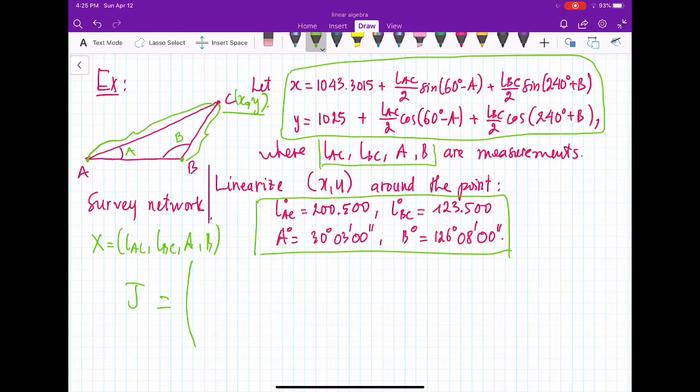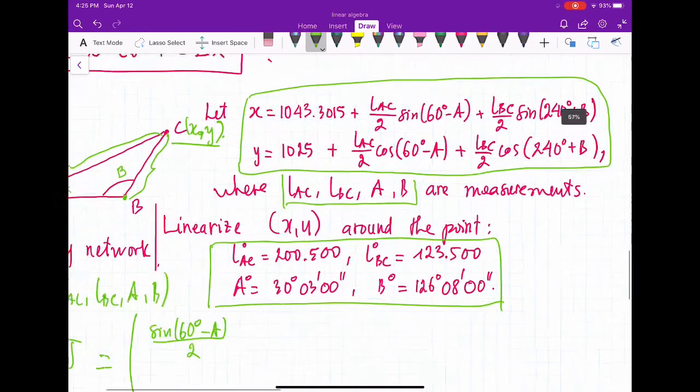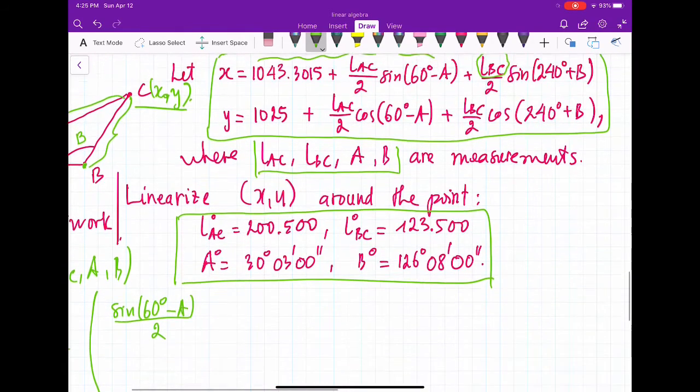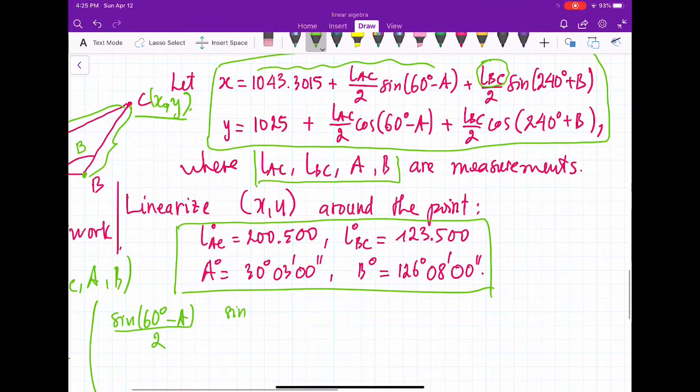You differentiate the function x with respect to LAC, you get sine of 60 degrees minus A over 2. Makes sense? And then you differentiate this function with respect to LBC right here. All terms here do not depend on LBC. The derivative is just equal to sine of 240 degrees minus B over 2.